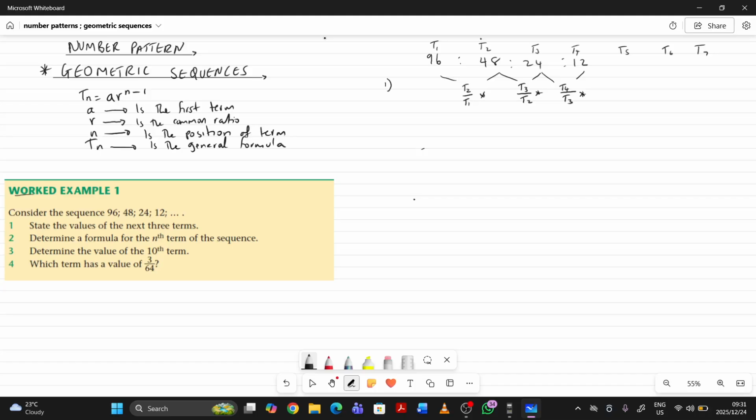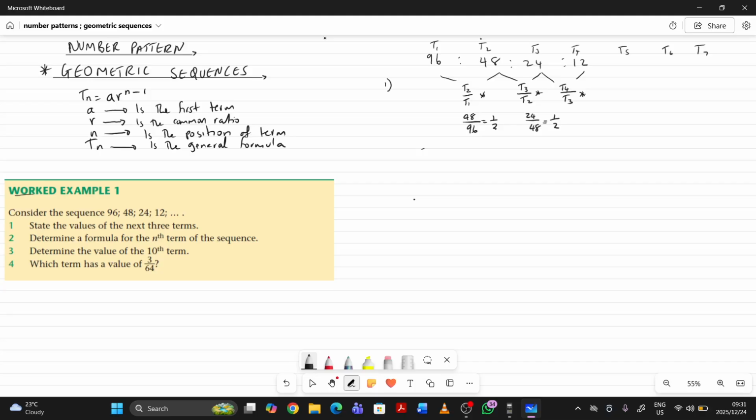So now let's have a look. T2 is 48 divided by T1, which is 96, and that gives you 1 over 2. T3 is 24 over 48, which gives you 1 over 2. Please use your calculators over here.